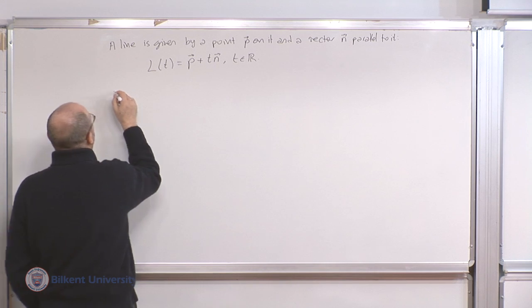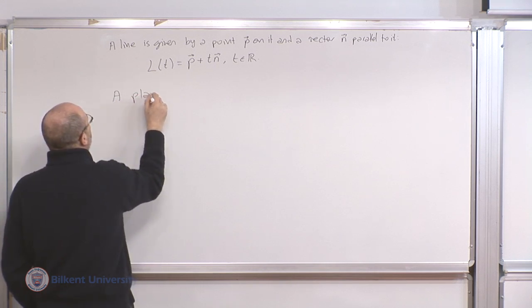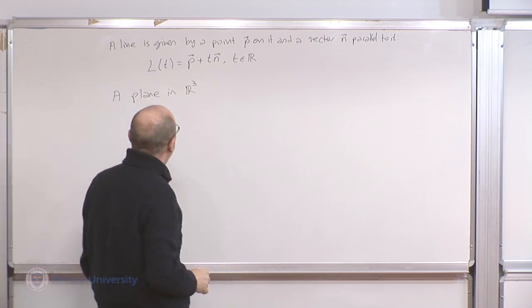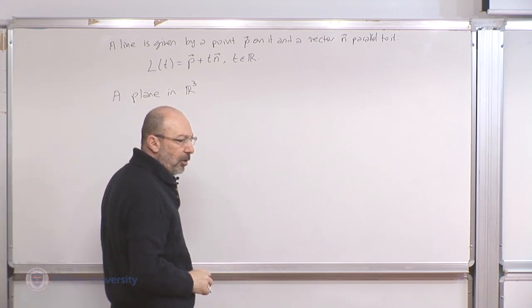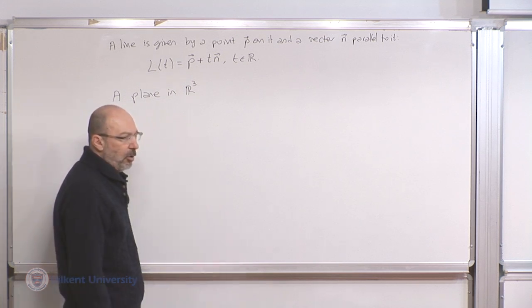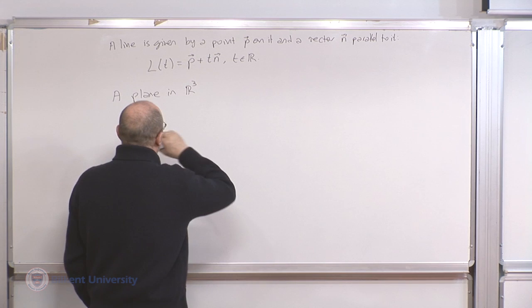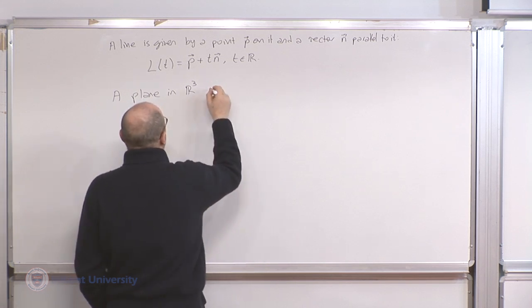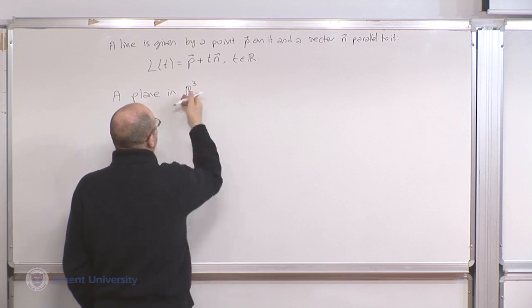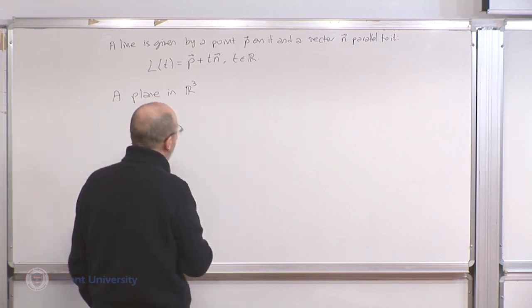A plane in R3. We are going to work in R2 or R3. R2 is the same, you just keep the last coordinate 0. The general description is also true in Rn.